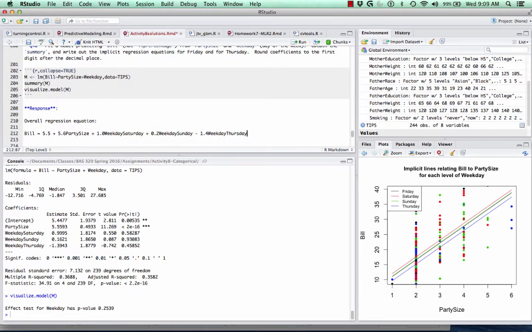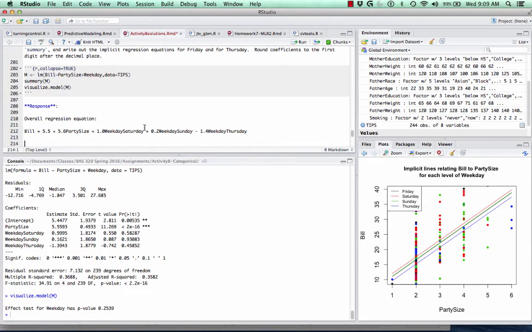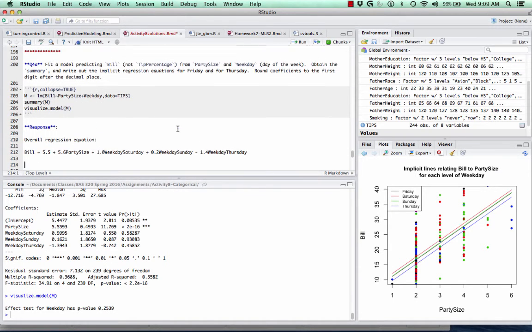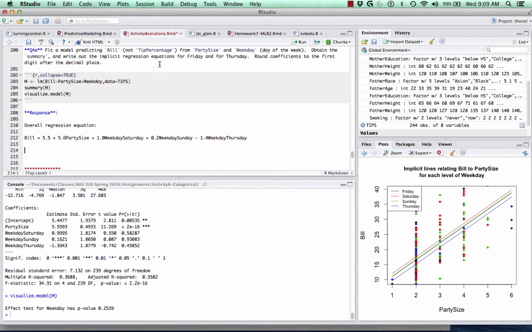So if we want implicit regression equations, we always start out with the overall regression equation, and then we plug in the relevant values for the indicator variables. So if we want the implicit regression equation for Friday, all right, well, weekday Saturday will be equal to 0, weekday Sunday will be equal to 0, weekday Thursday will be equal to 0 as well.